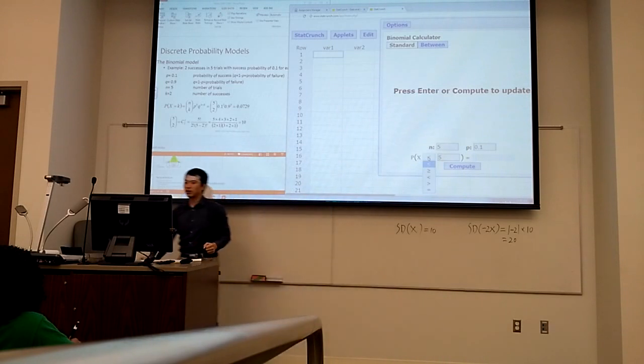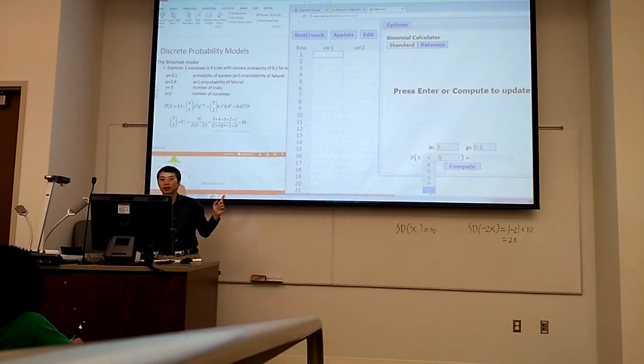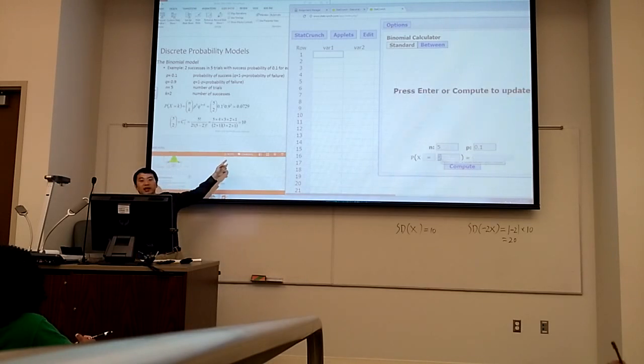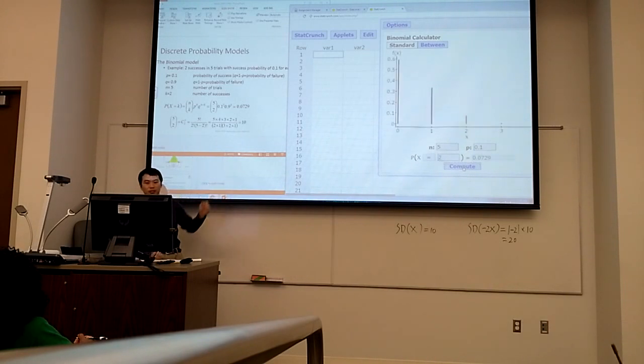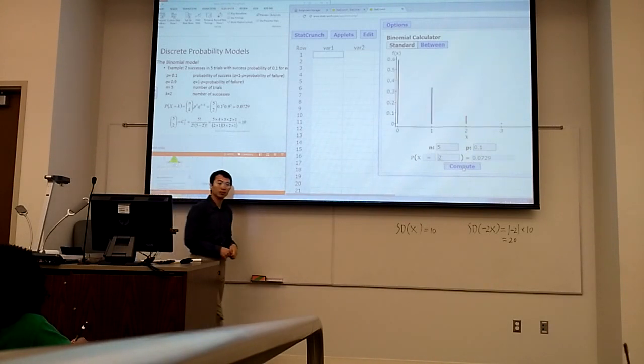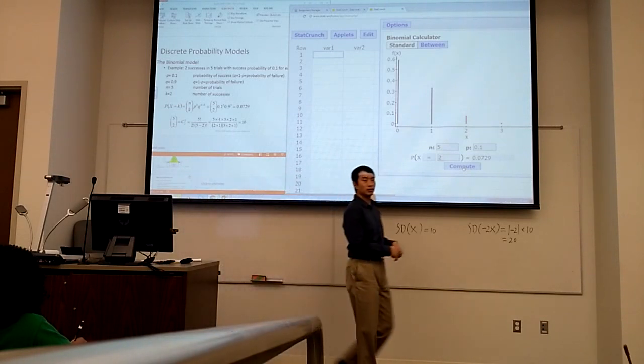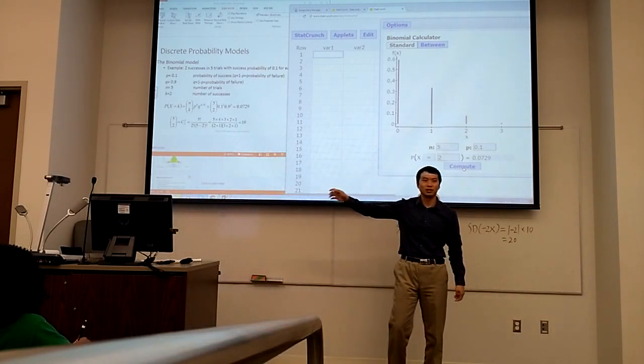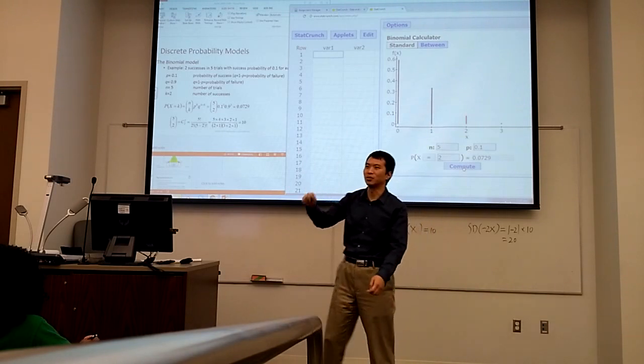So you have to change it to equal. If I put the 2 here, that's where you put the K, the number of successes. That's much easier than doing the calculation by hand.